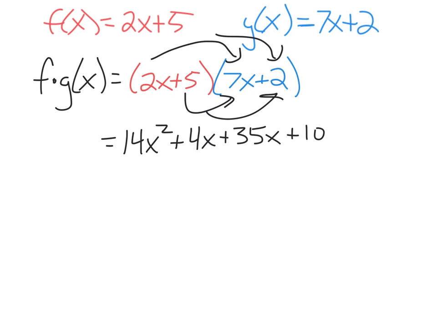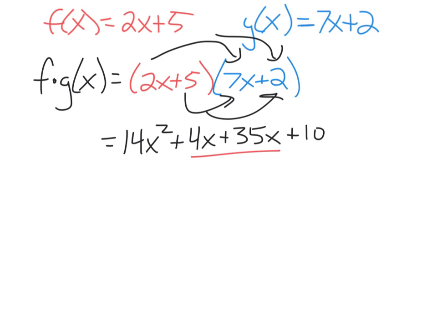Everything in this class is simplifying, okay? A lot of what you're doing is simplifying, and a lot of what other things you're doing is just plugging things in, okay? So always simplify so you're not done, right? Because we have these two. That's 14x to the second, that's right. Because when you multiply, not only do you multiply the coefficients together, but you also have to multiply the variables together, okay?